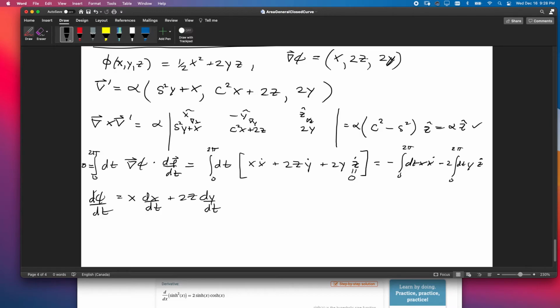Yeah, and this is the gradient times. So this has to be equal to 0.